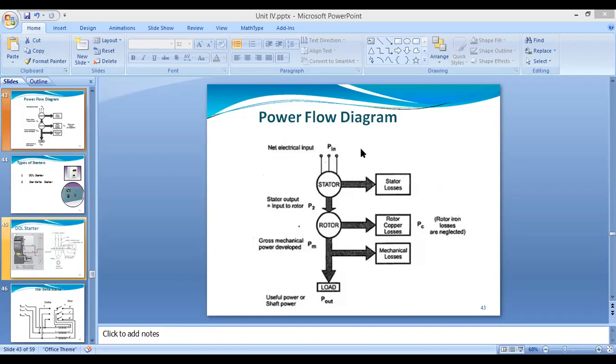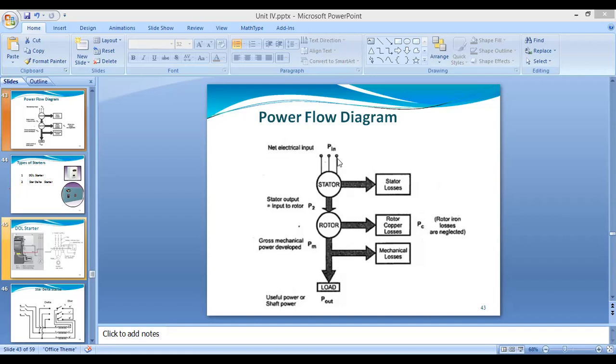After that, when we give the power supply to the stator, a part of this power will be given as stator losses. We are calling these the stator iron loss and the stator copper loss. And the remaining power we are giving to P2.